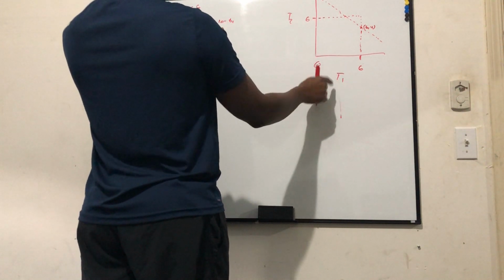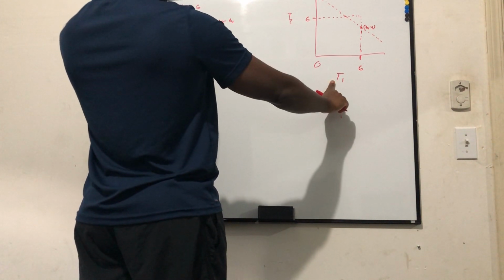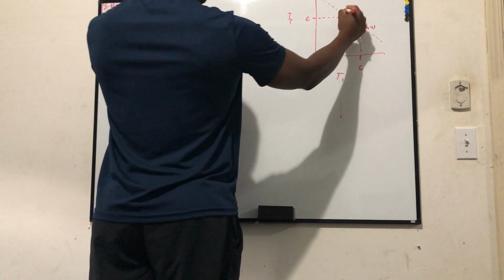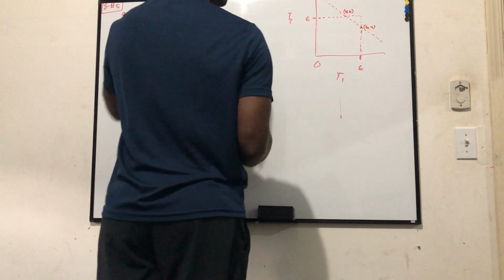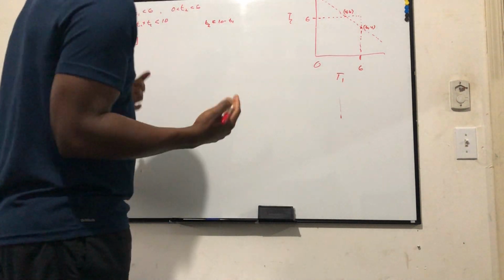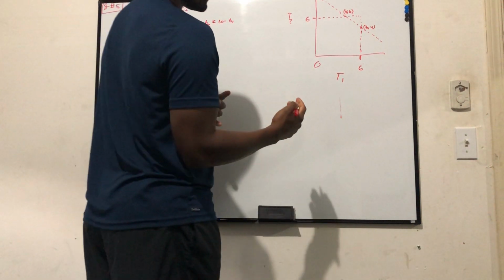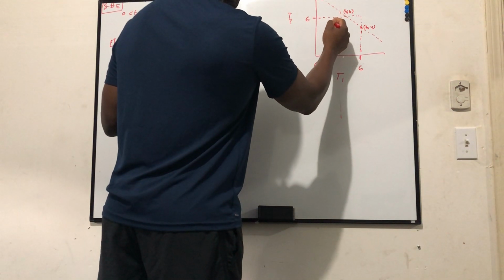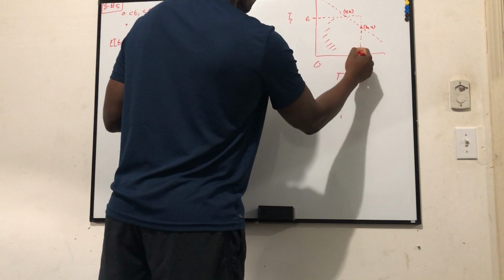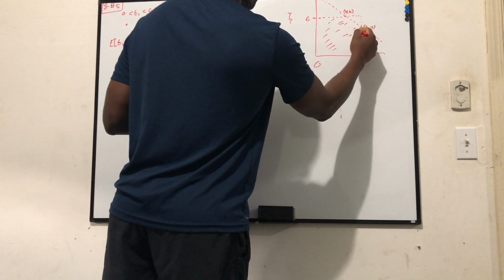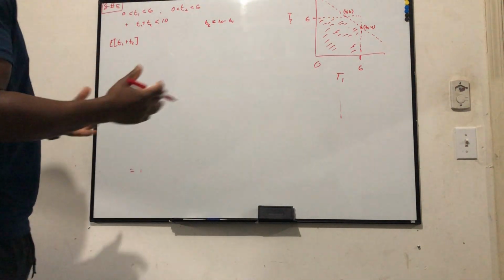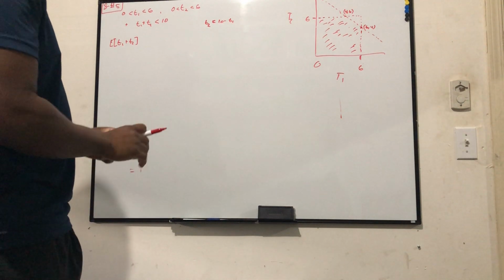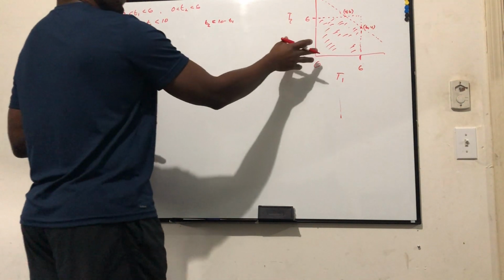Well, if T1 was 4, then this would be 6. So for all the constraints, this is the area that we're looking for. All of this stuff here. This is what we want to know. That's our PDF, but our joint is constant over this.